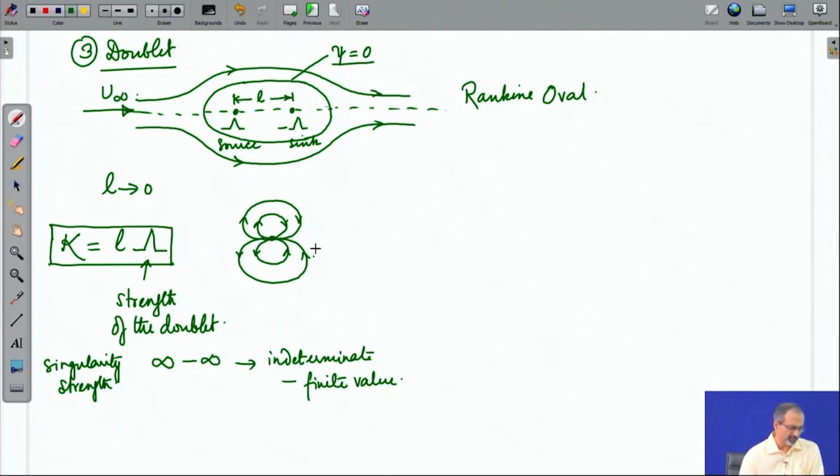This is how the flow pattern will look about the doublet. Now, if you place a field point P at r, theta from the doublet, then this is the radial distance, this is the angular orientation theta.